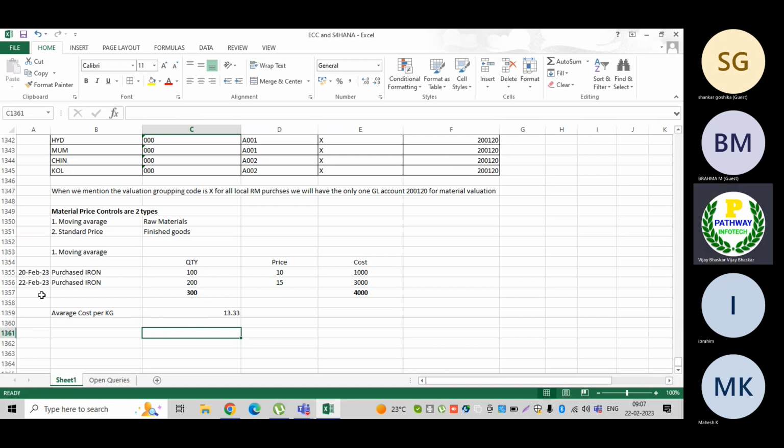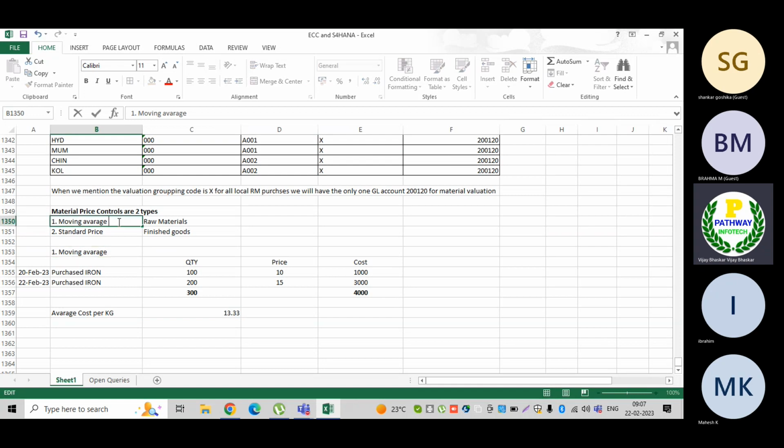Similarly, going forward, if you make n number of purchases, whenever you are following the moving average price indicator, the system will do the same: it will accumulate and make it an average.